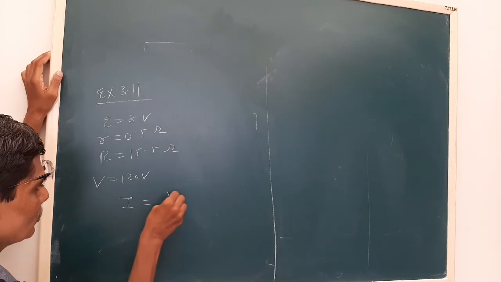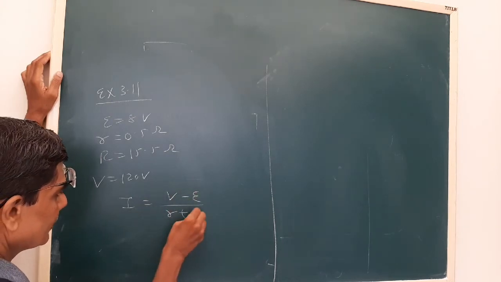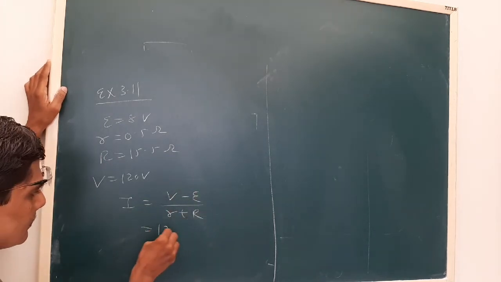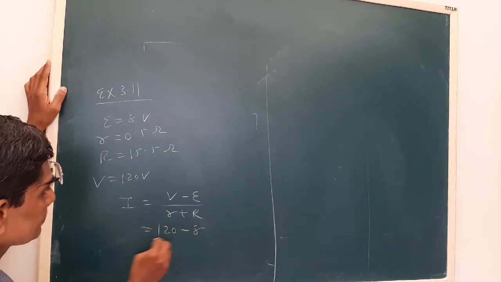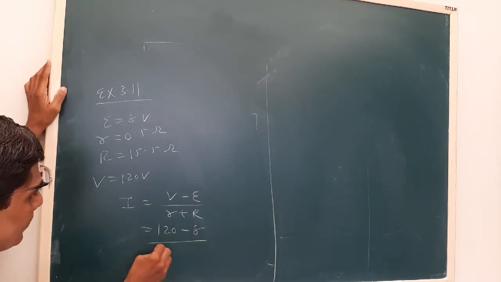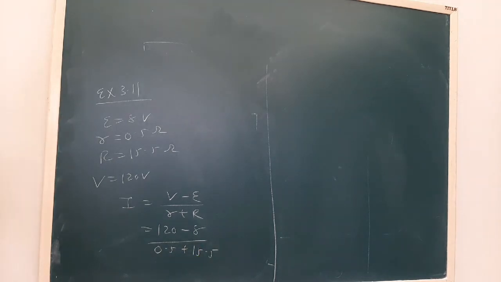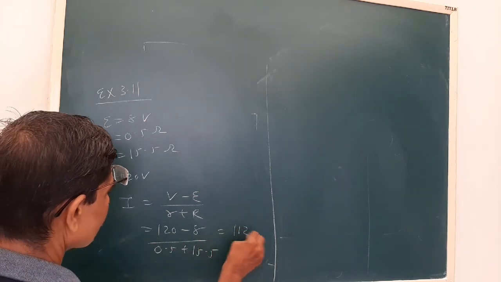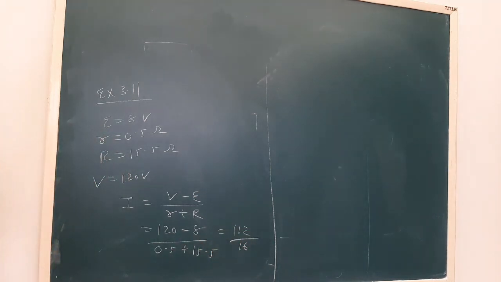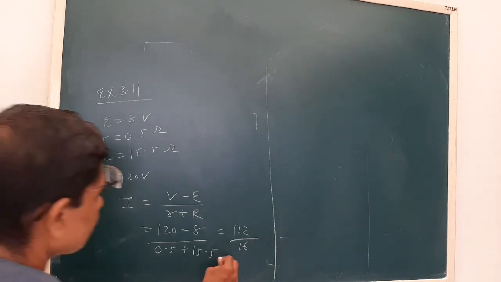Now I is equal to V minus E upon R plus r, where r is 0.5. Now we simplify, so that will be 7.